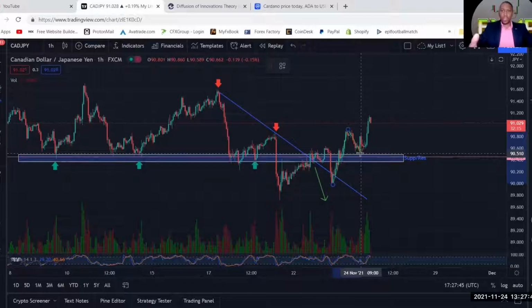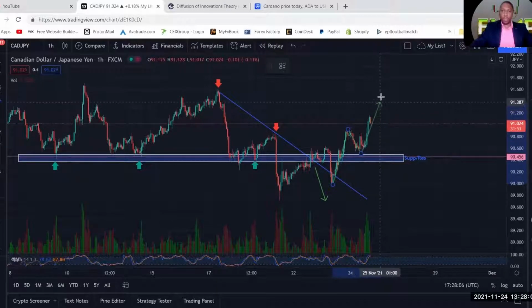This would have been an ideal opportunity to buy based on what we are seeing happening here on the 1 hour time frame. I'll go back to the daily and clarify why this would be significant moving forward. So we pull back, we got the test, and now we can see price pushing upwards.